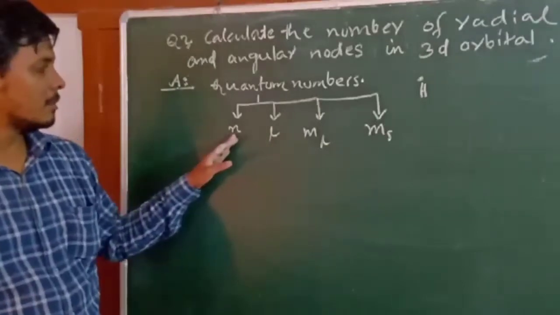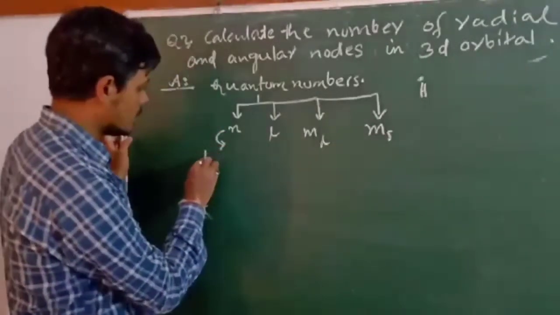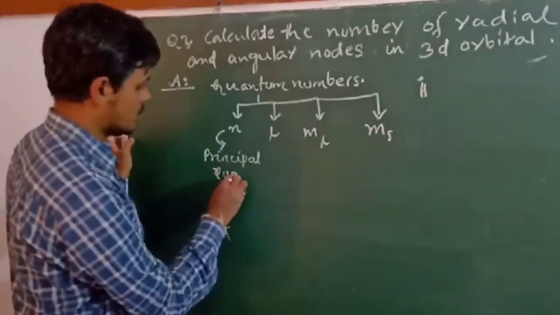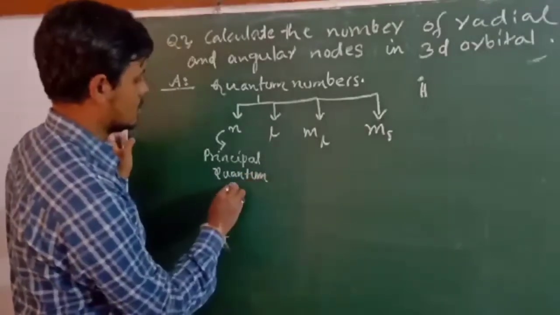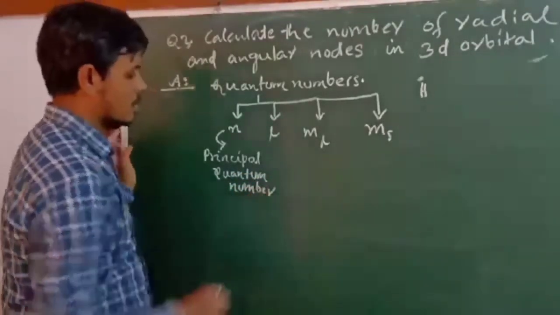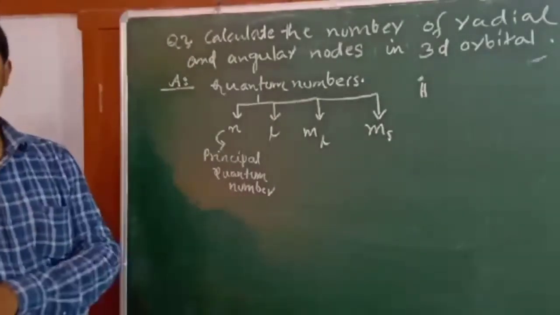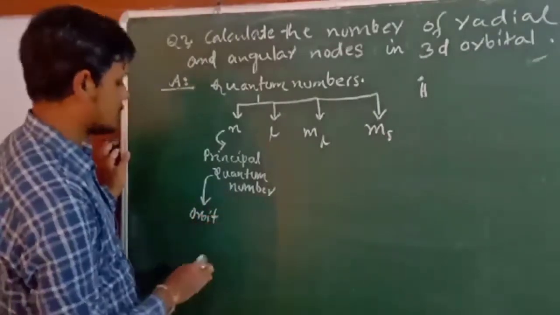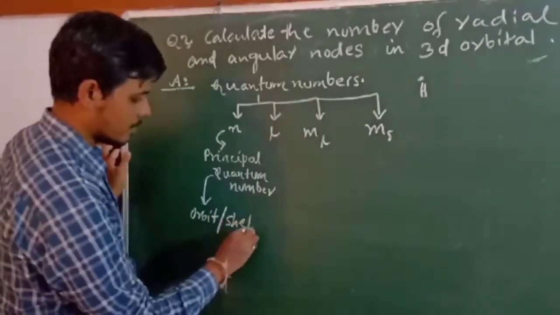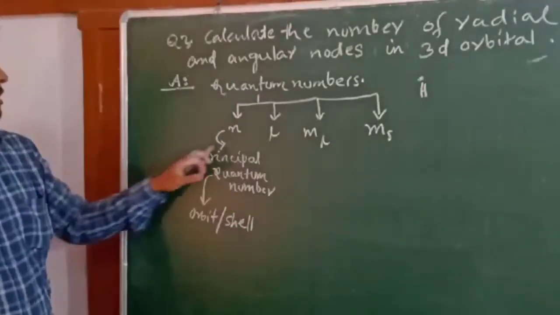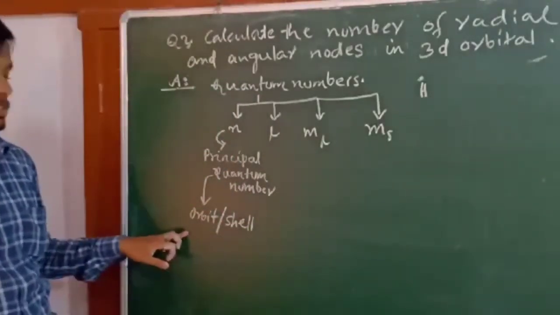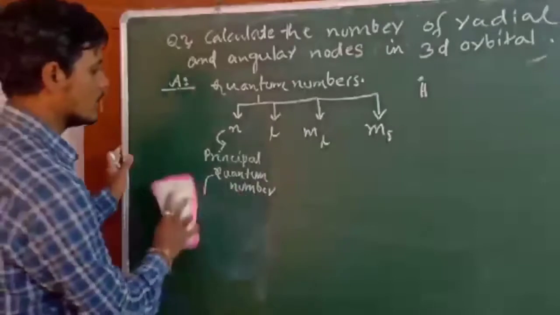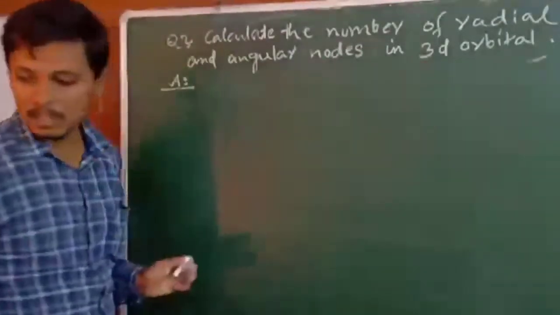The first quantum number is called the principal quantum number. It tells me about the orbit or shell, as per Bohr's theory, in which the electron is present.